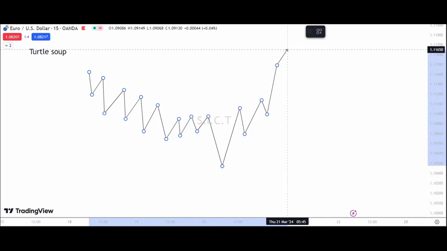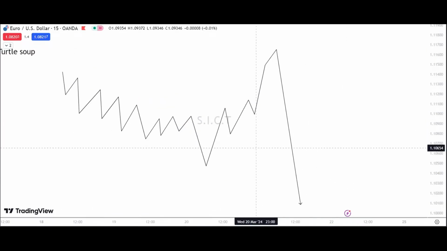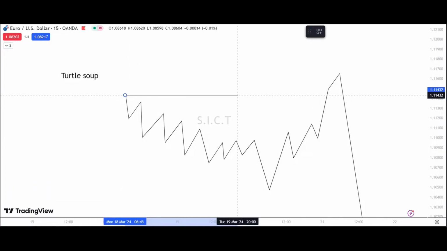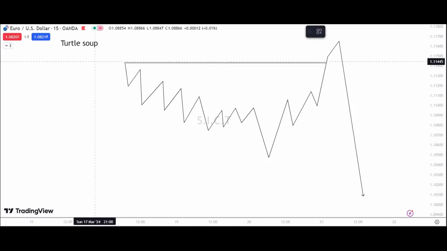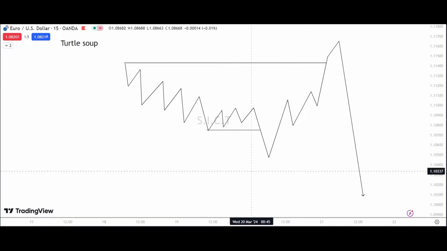And then you can see a pretty huge downfall. This is essentially the turtle soup. That's all it is. But it's not really that simple now, is it? Or else everyone would be making a shit ton of money. It's funny. So this is the buy side liquidity, this is the sell side liquidity. It's not really hard to understand.